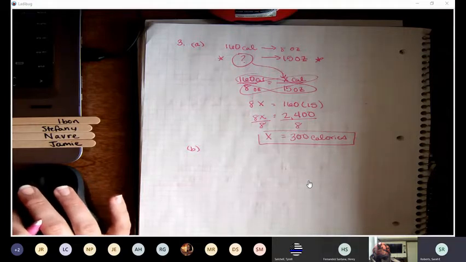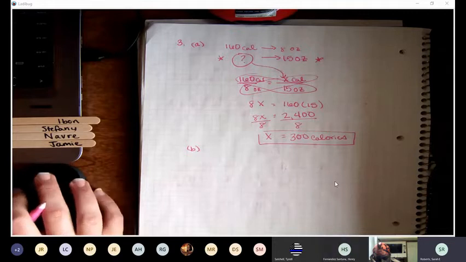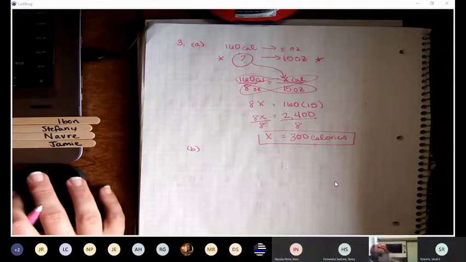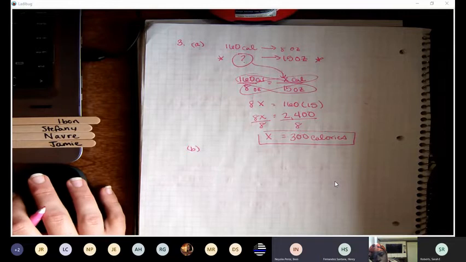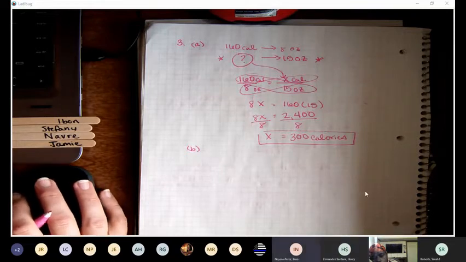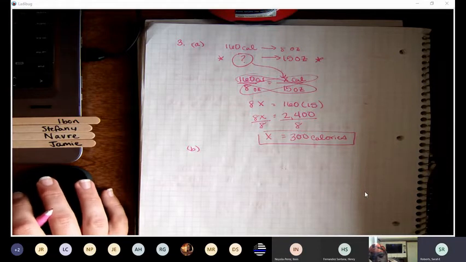What two numbers? The 300 and the... That could work. We could use 300, and what would we have to divide by?